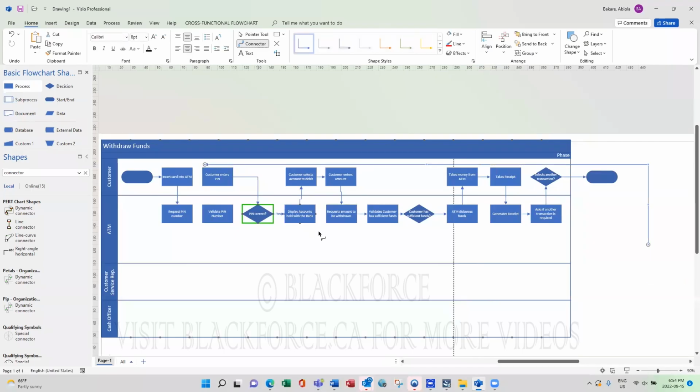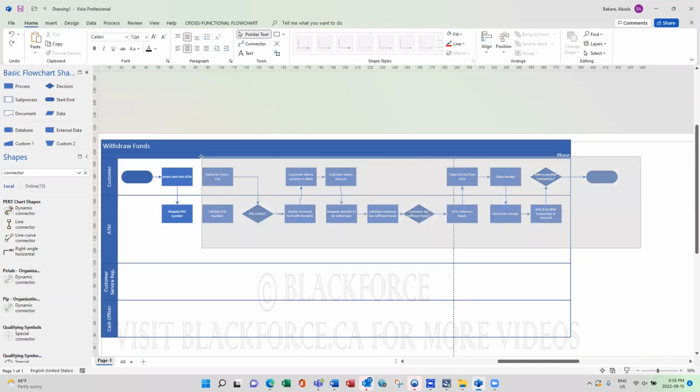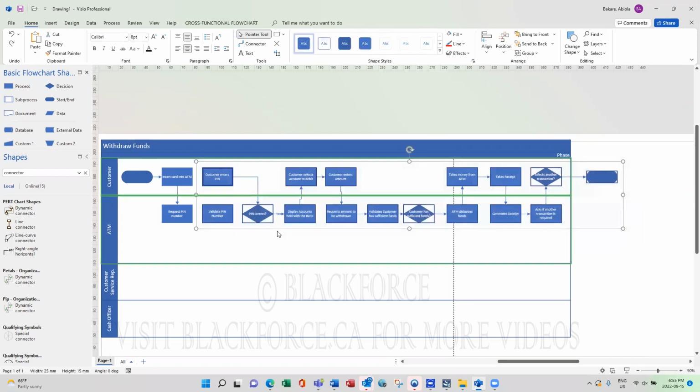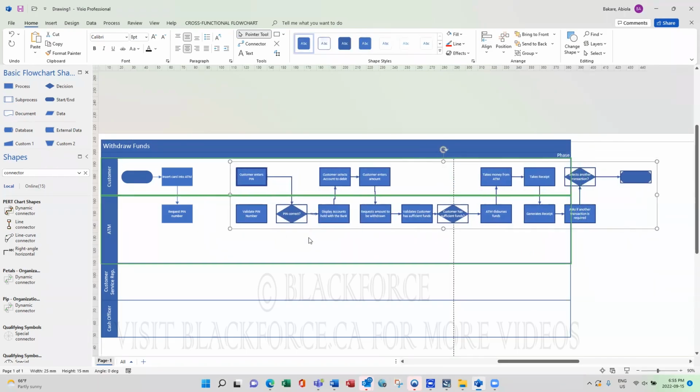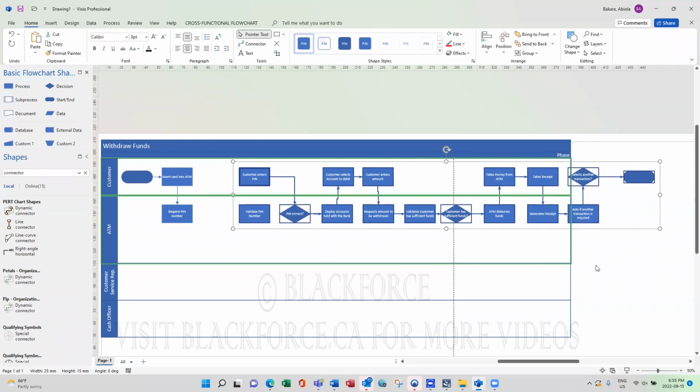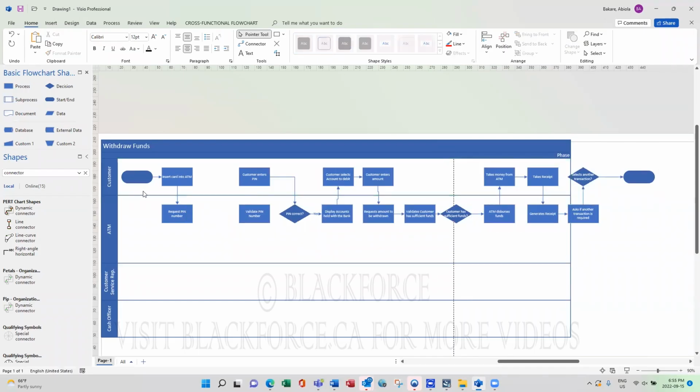All I'm doing here is just trying to make more space for myself. So I'm going to highlight all of this and I'll move it to the right. That's all I'm doing. Okay, so from request PIN, we actually go to customer enters PIN number.